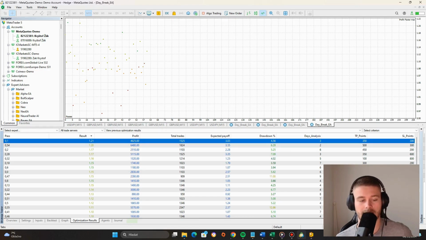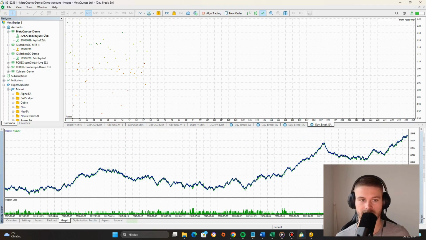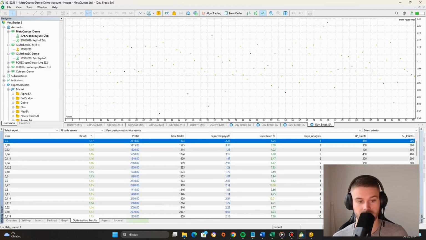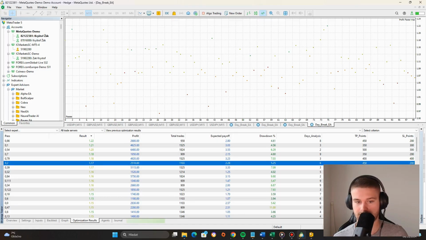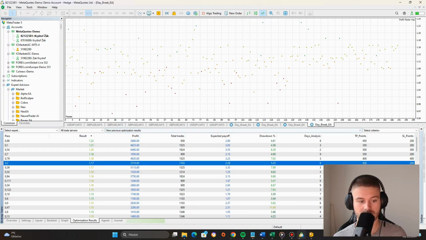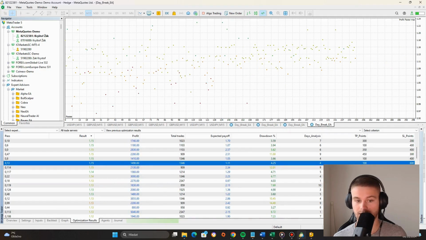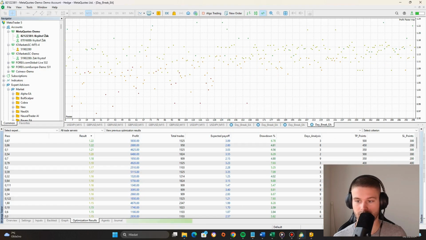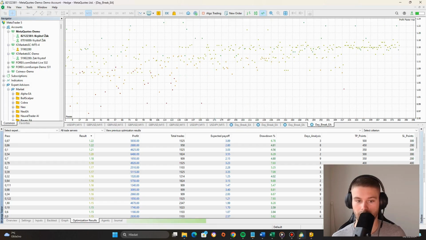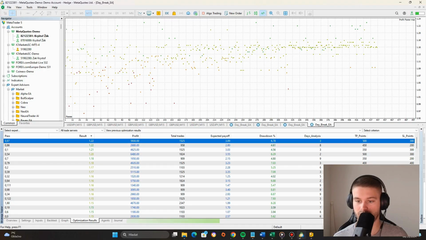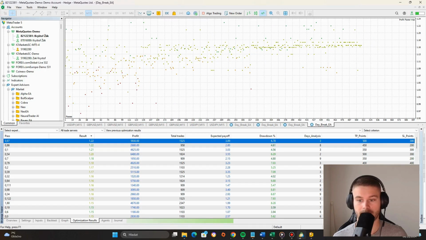I will say that the concept of this EA is definitely good. It does make sense in my opinion, because you can see that over the last 10 years, it can be profitable with RRR almost 1-to-1, or even with take profit higher than stop loss points, which is really nice.